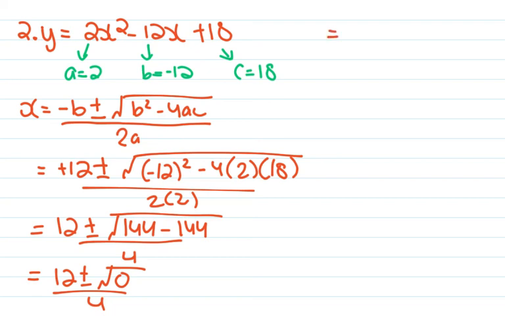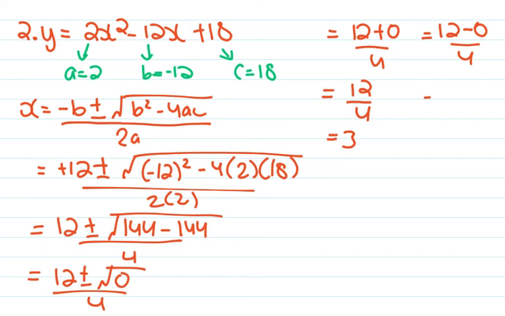So we will have 12 plus 0 divided by 4, and 12 minus 0 divided by 4 equals 12 divided by 4 equals 3.